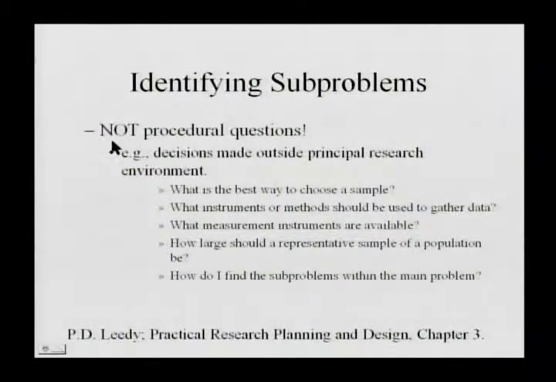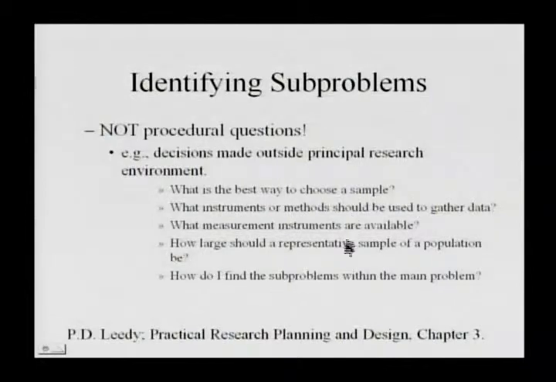So they're not procedural questions. For example, decisions made outside the principal research environment. What is the best way to choose a sample? What instruments or methods should be used to gather data? What measurement instruments are available? How large should a representative sample of population be? How do I find subproblems within the main problem?